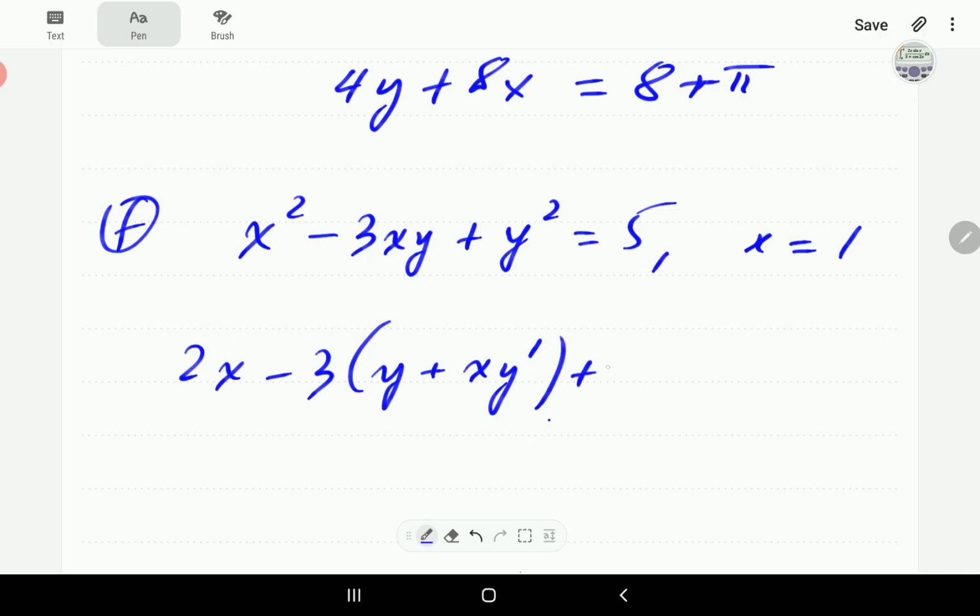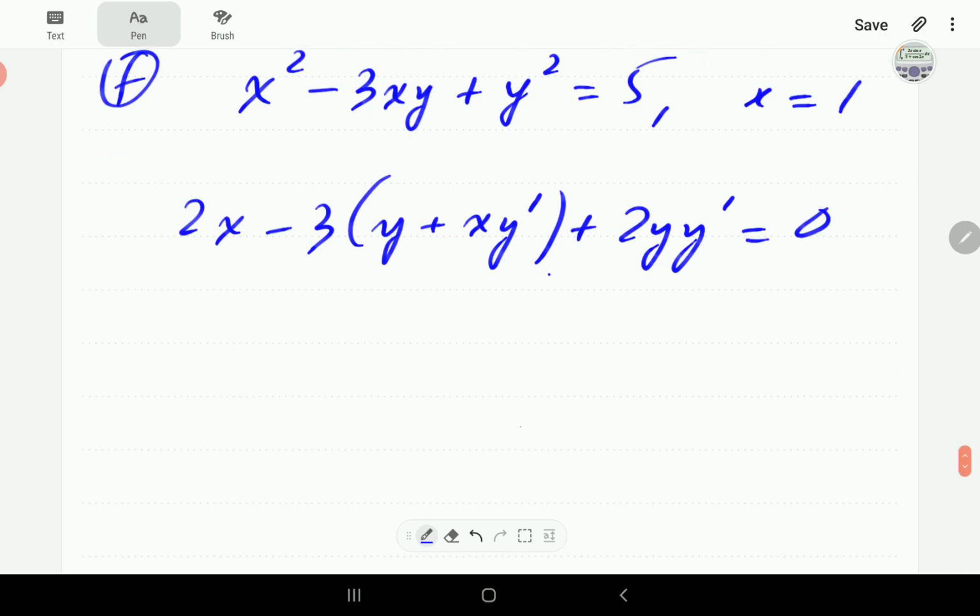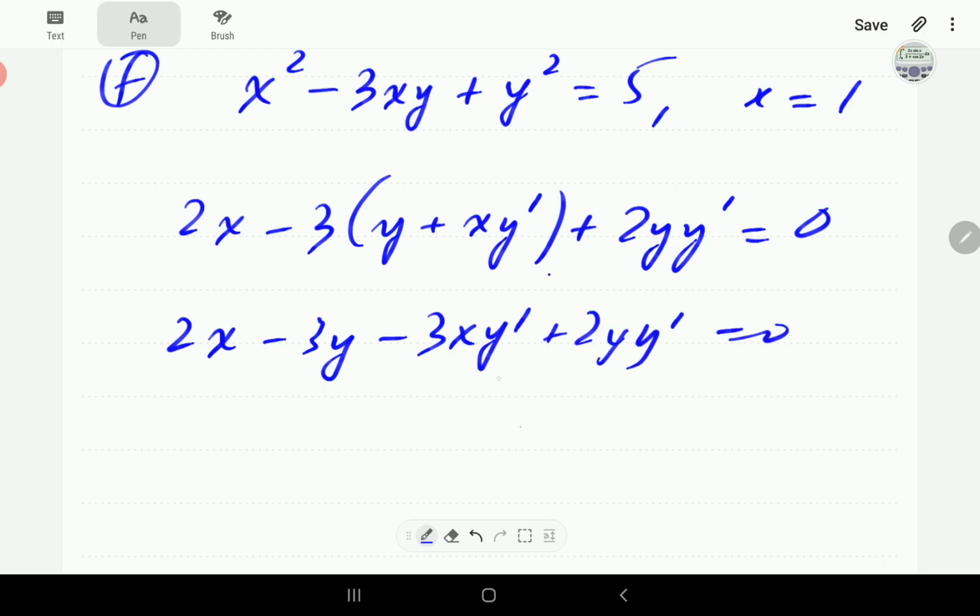You'll have to revise your implicit differentiation if you need to. So 2x minus 3y minus 3xy prime plus 2yy prime equals 0.